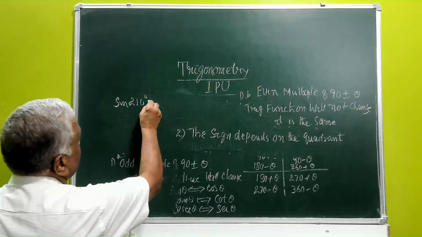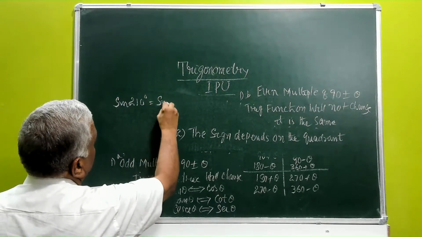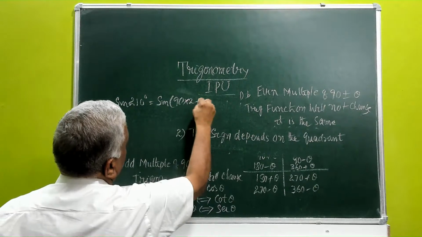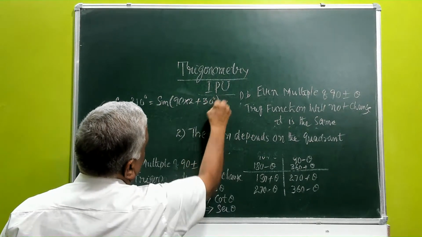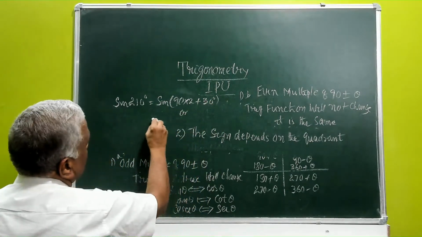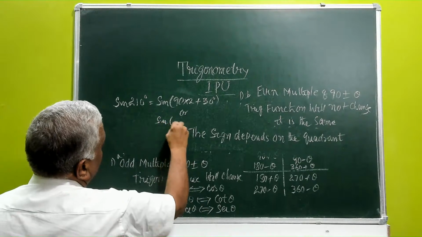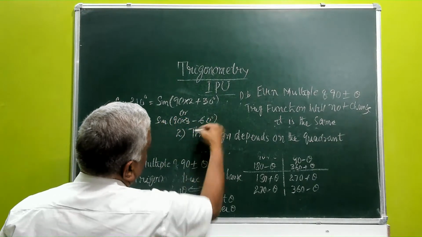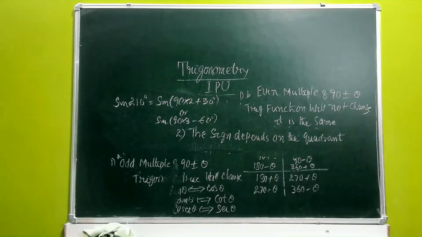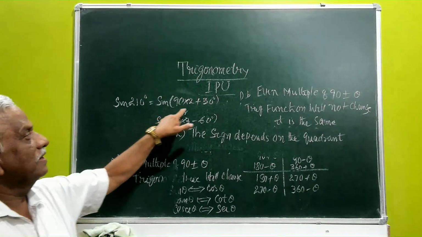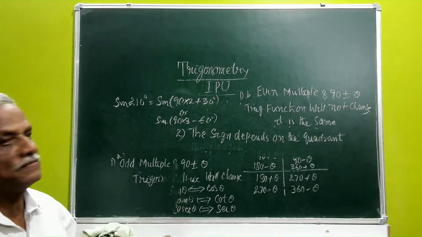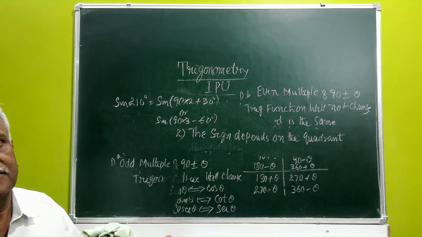You can write this as sine of 90 into 2 plus 30 degrees, or you can also write it as sine of 90 into 3 minus 60 degrees. There are two ways of writing.